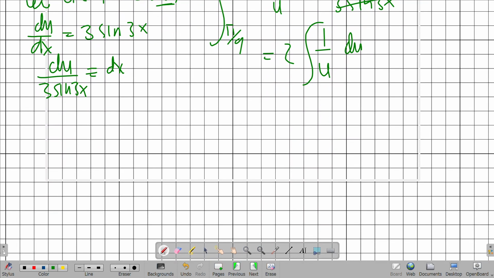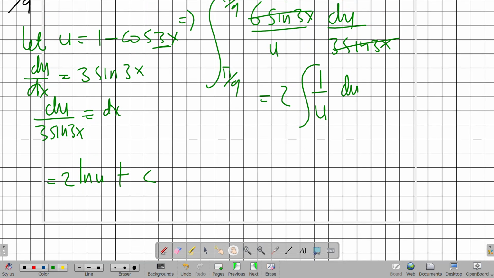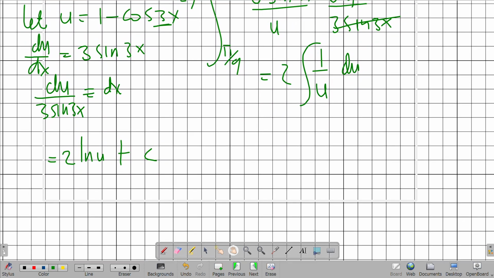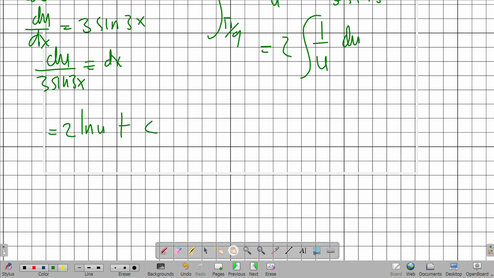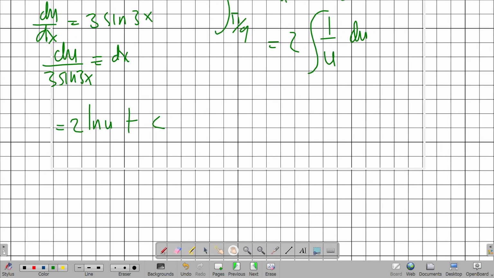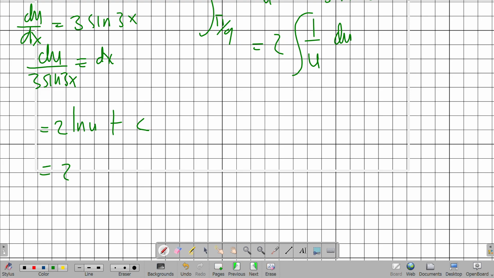So this gives us 2 natural log of u plus c. We just quickly check again what was u, 1 minus cos 3x, and then we have 2 pi over 9 and pi over 9. So this is going to be equal to 2 natural log of 1 minus cos 3x, from pi over 9 to 2 pi over 9.